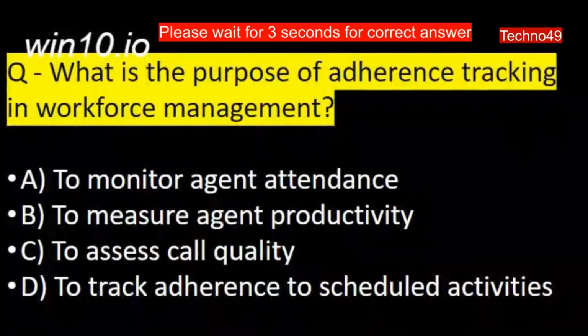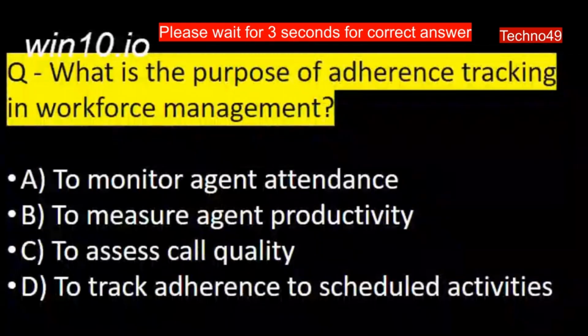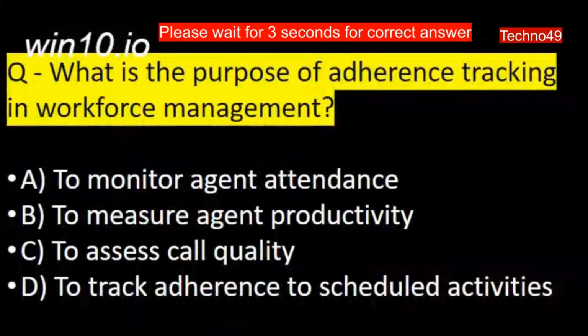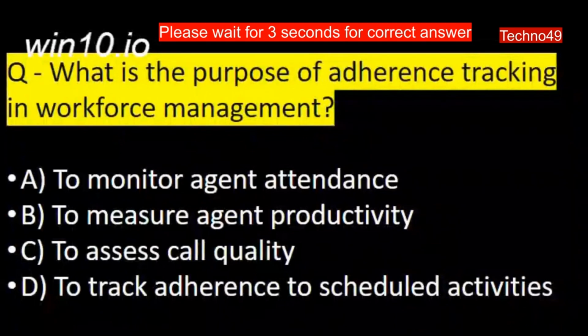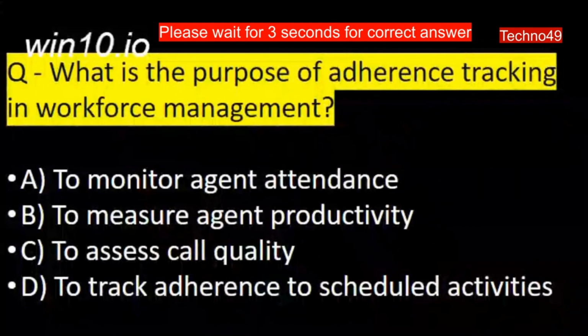That will decrease the service level and increase the average speed of answer. The call may get abandoned if the agents start taking unscheduled breaks in the lunch. That will leave short staffing. So we need to keep an eye on that to make sure that the agents are adhering to the schedule. And the purpose of adherence tracking is to track adherence to scheduled activities.